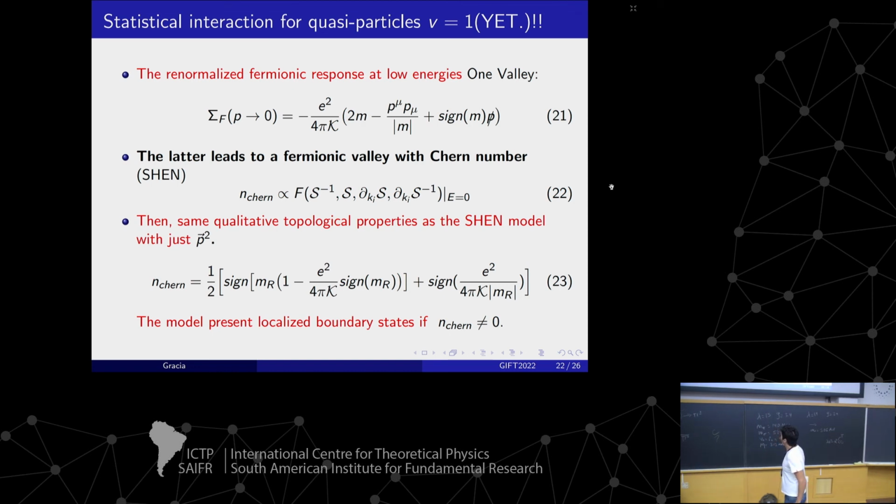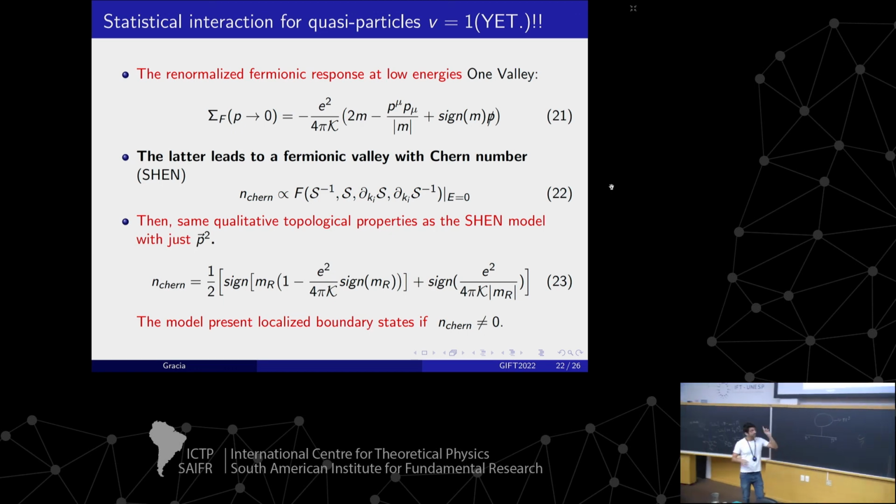No. If we do all the careful calculations, we note that for this kind of interaction that I am considering, if you consider the renormalized fermionic structure for the two valleys, here I'm using just a general n. You can put a label if you want.